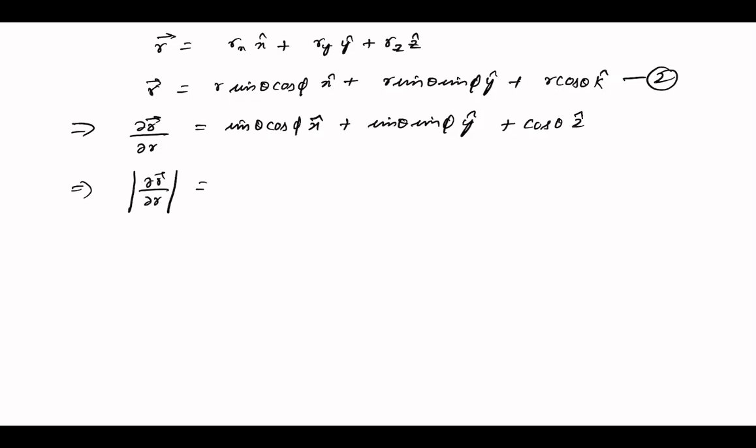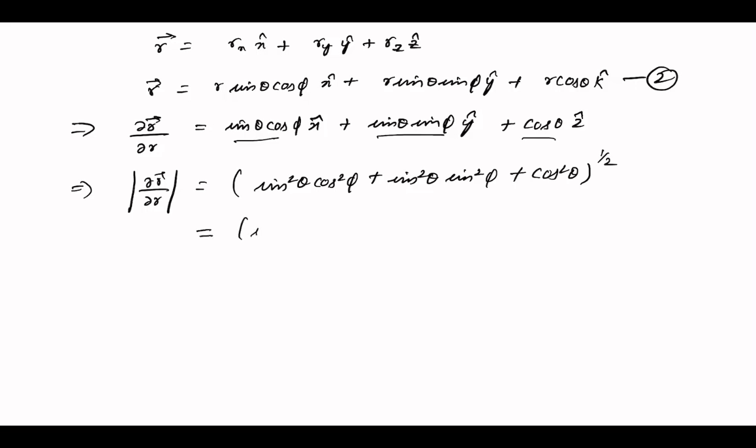Now we take the magnitude of this quantity, which is the square root of the sum of squares of all three components. So it will be sin square theta cos square phi plus sin square theta sin square phi plus cos square theta, to the power 1 by 2.